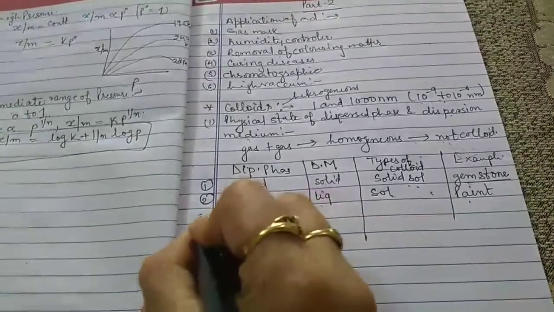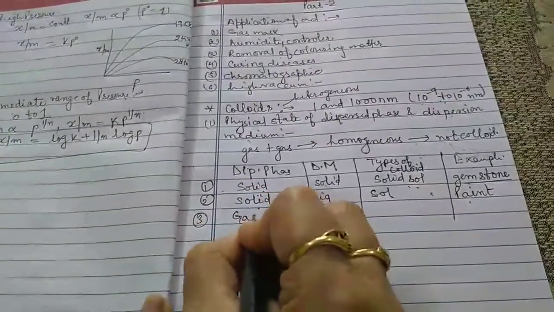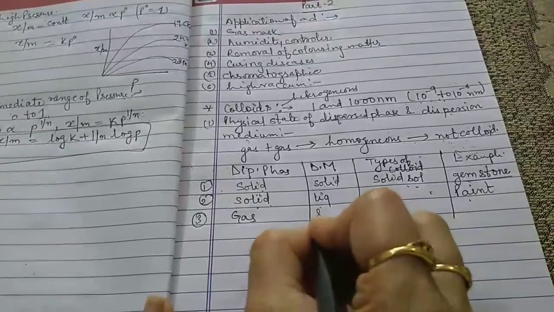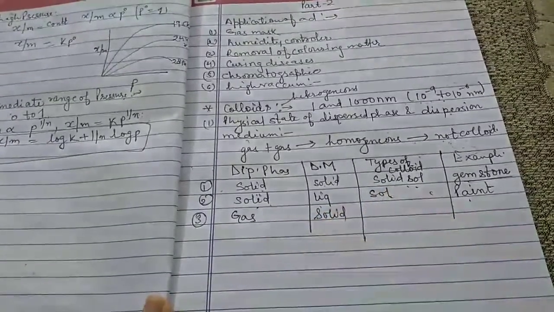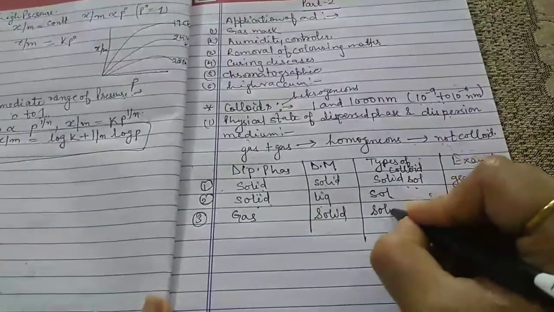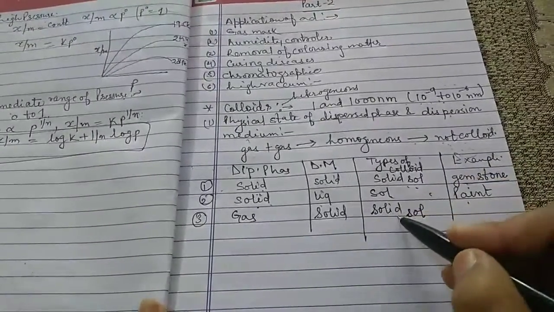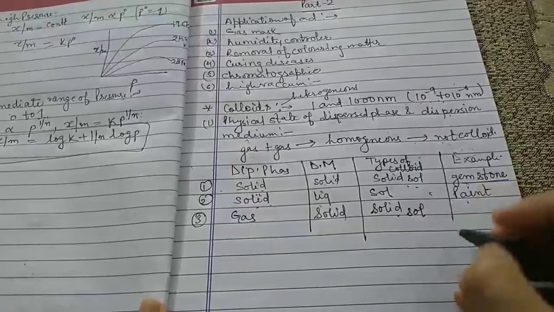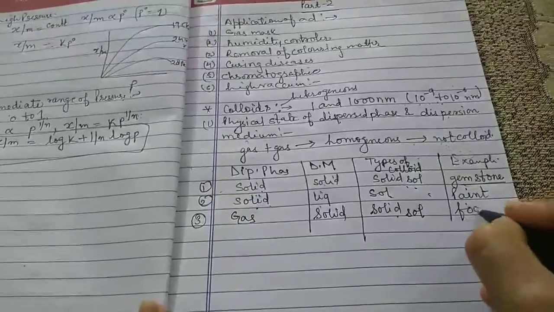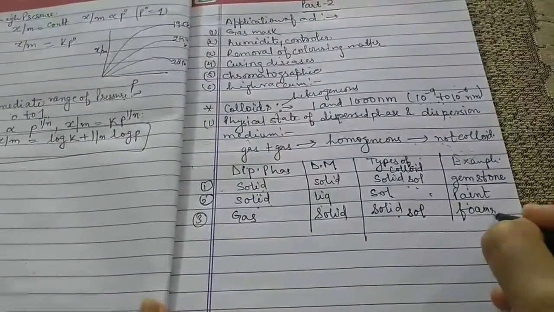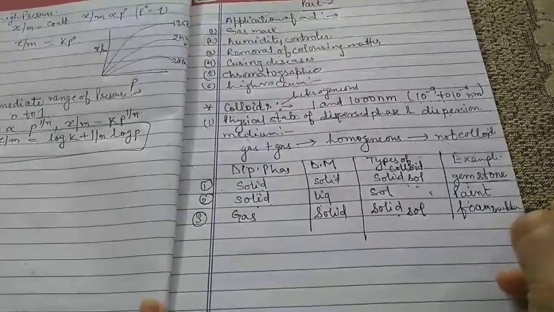The third one is where we mix gas in the solid. Again, we get solid sol when the gas is mixed in solid, and the examples are foam, rubber. These are all the examples.